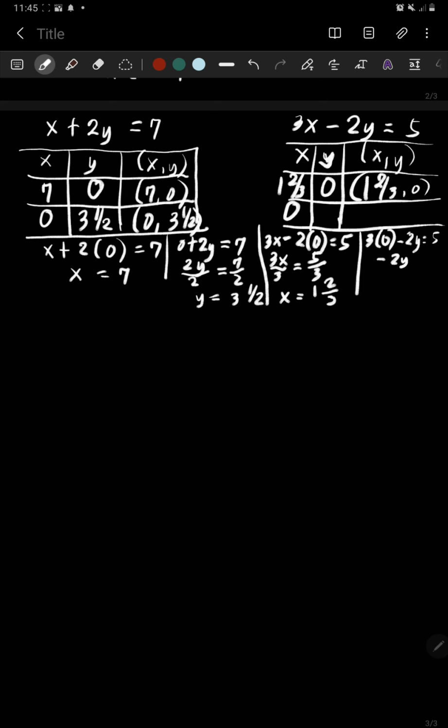So you need to divide by negative 2. Therefore y is negative 2.5. So 0, negative 2.5.